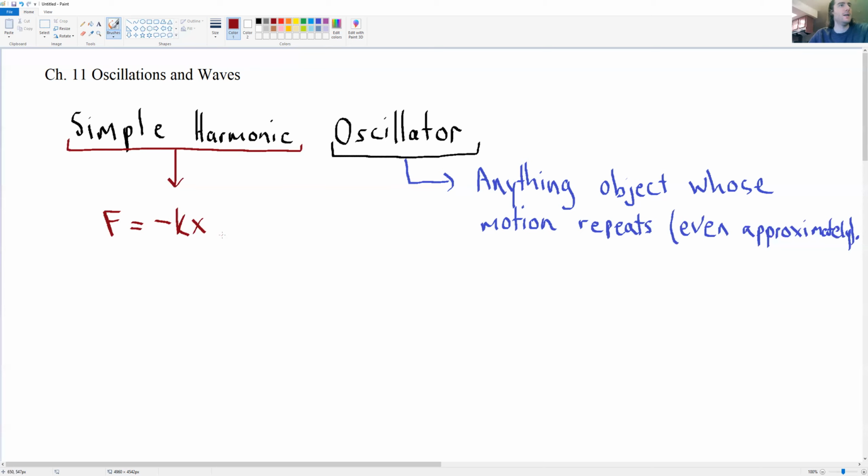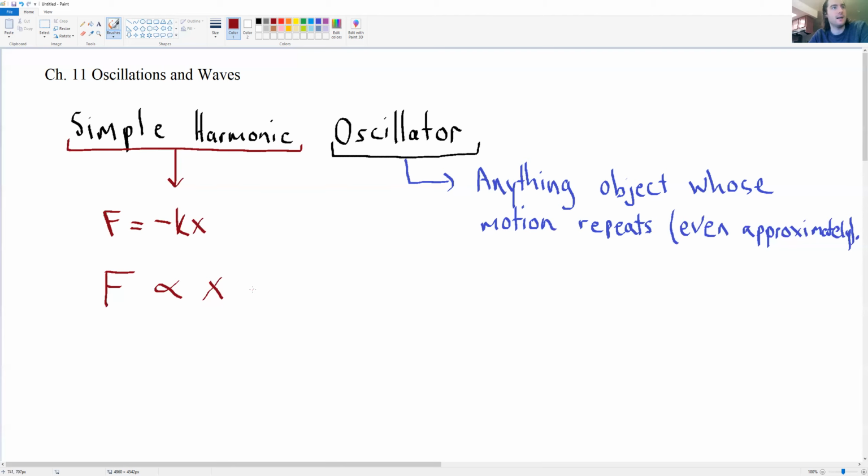So if I can write down the force that acts on my oscillator in this form, where the force is proportional to the oscillator's displacement from equilibrium, then I would call that a simple harmonic oscillator.